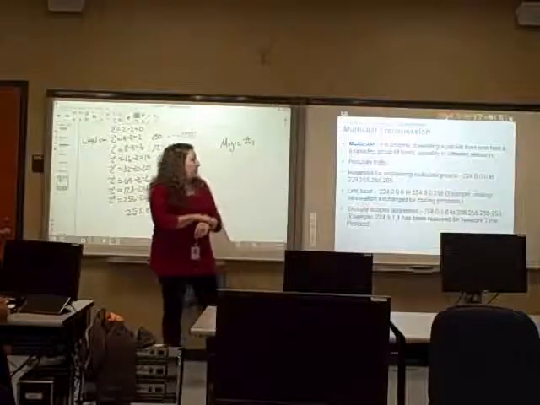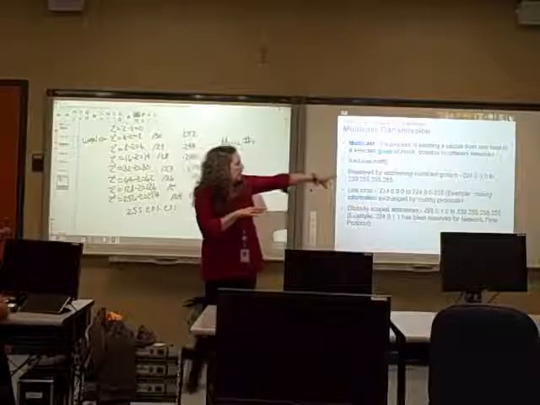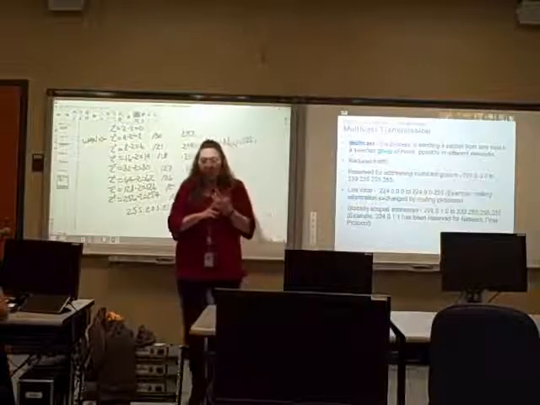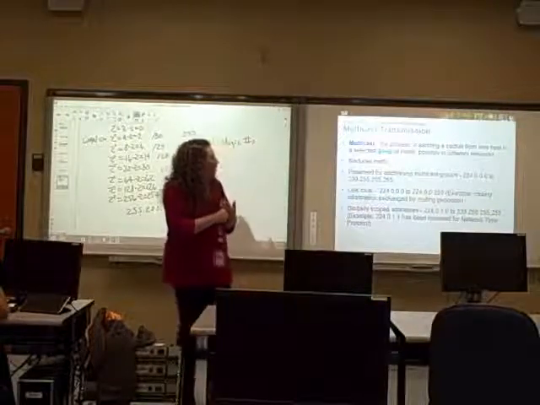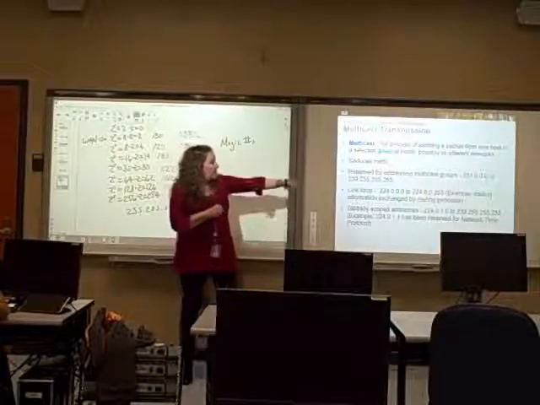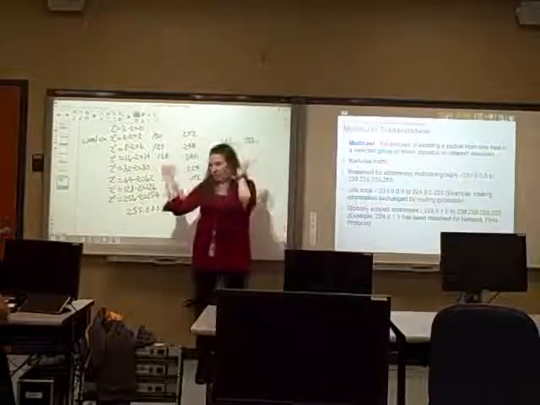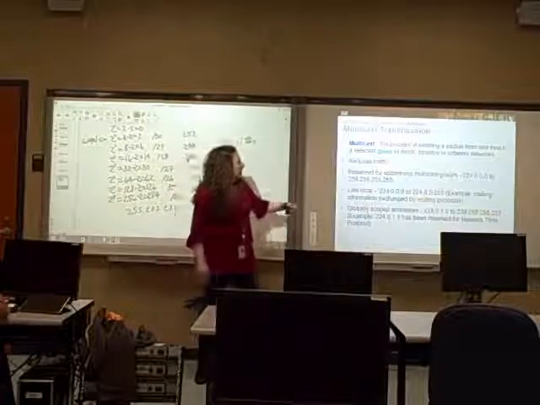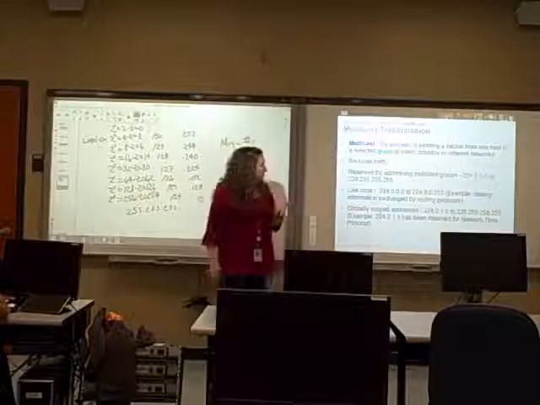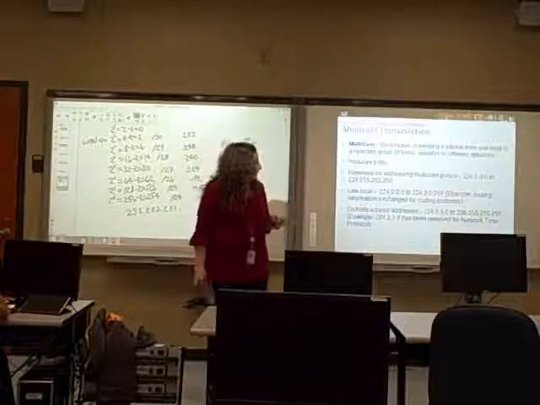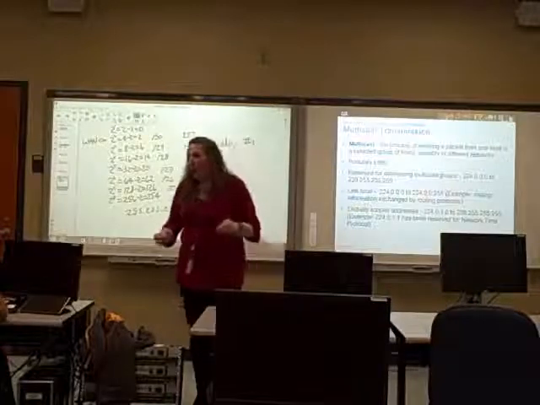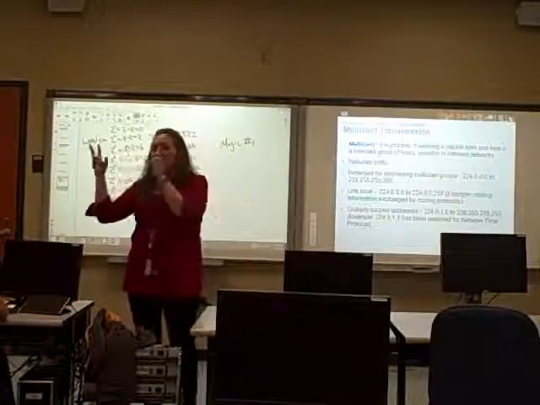The IP addresses reserved for multicast groups are 224.0.0.0 to 239.255.255.255. That's just something to keep out there in your brain. You have a link local. That's routing information exchanged by routing protocols. You'll learn more about that in the second 8 weeks.